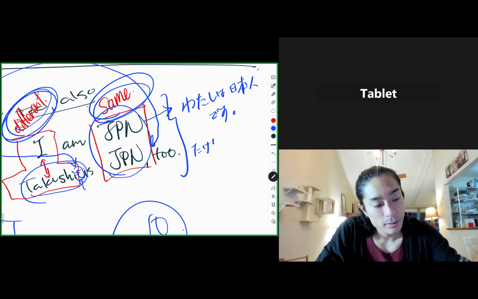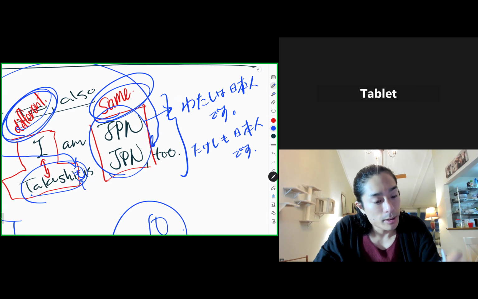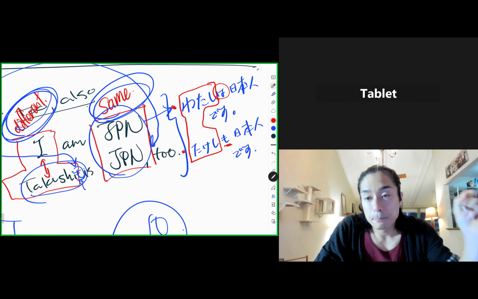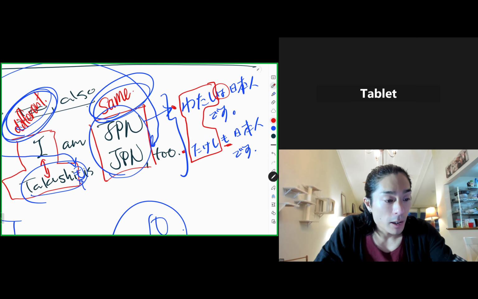Takeshiも日本人です。 So you can see here, I put mo after the contrasting info. But you see one more difference, comparing with the first sentence. It's the particle wa. Particle wa is gone, or it's replaced with mo.